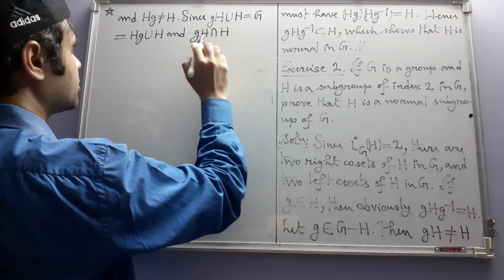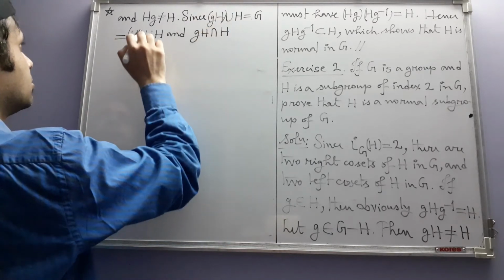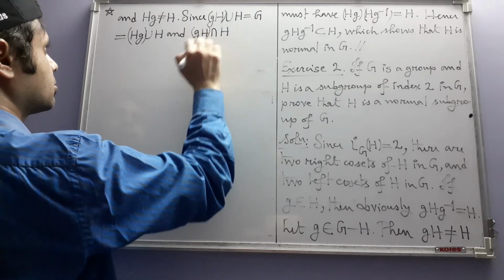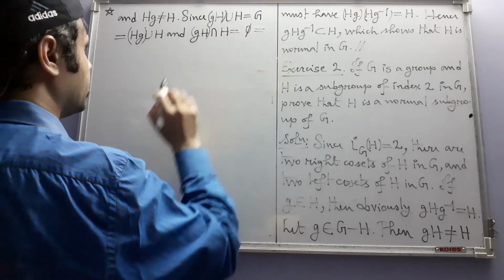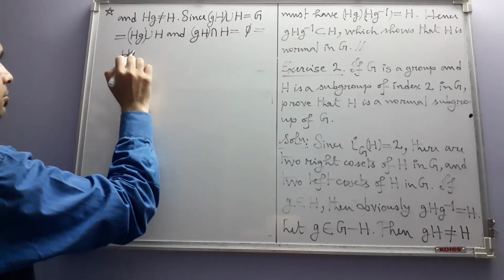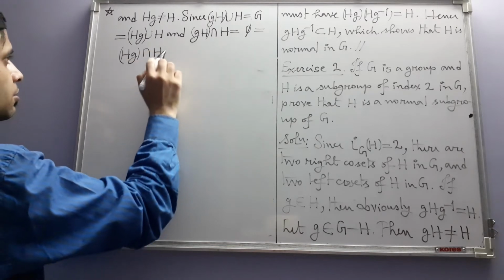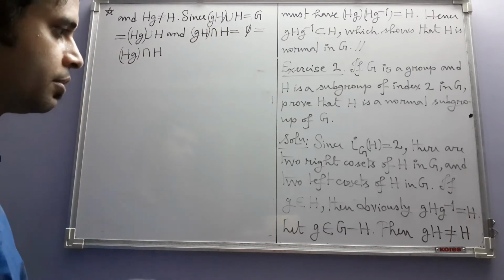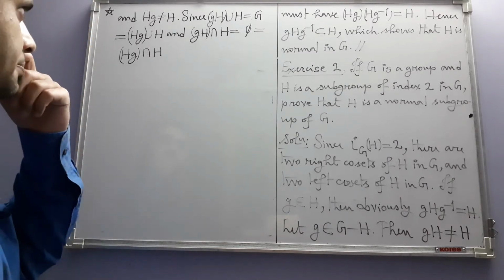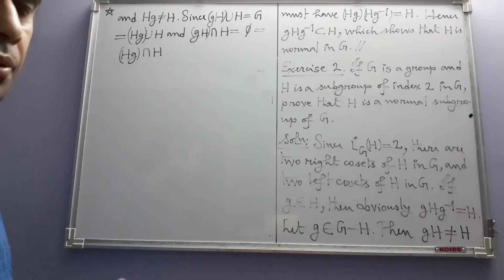(gH) intersection H, to avoid confusion, let us put them in brackets, this is empty, and (Hg) intersection H is also empty. We have already written that. Because of these things, gH and Hg must be equal.